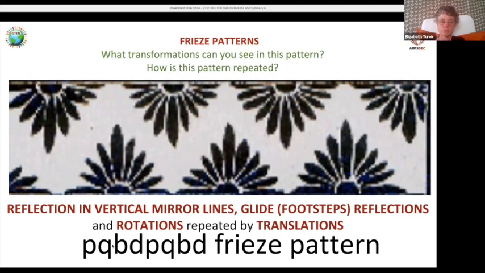So if you imagine going between the Q and the B and rotating through 180 degrees, it maps onto itself. Again, you've got repetitions by translations.